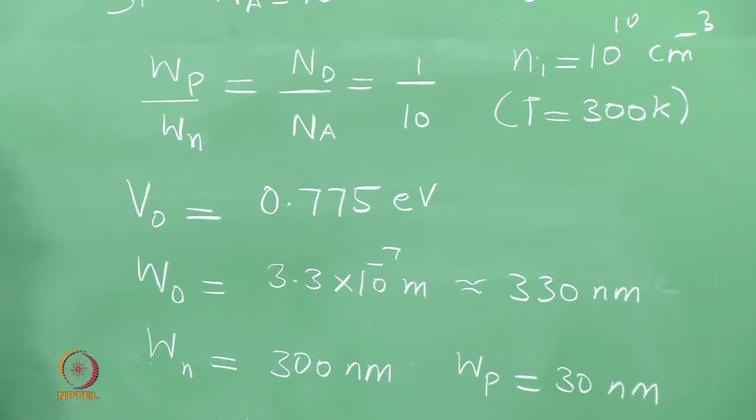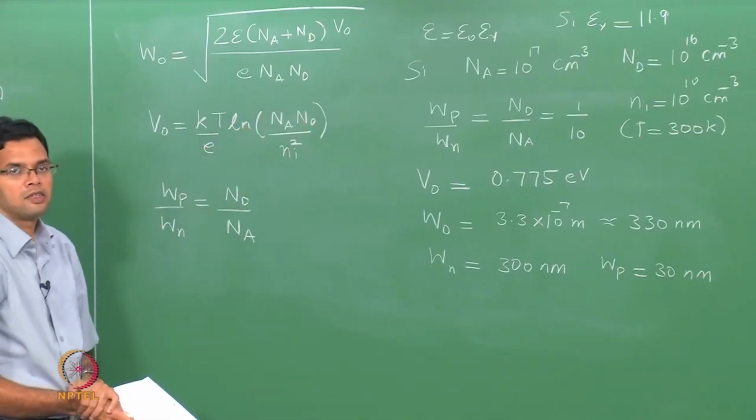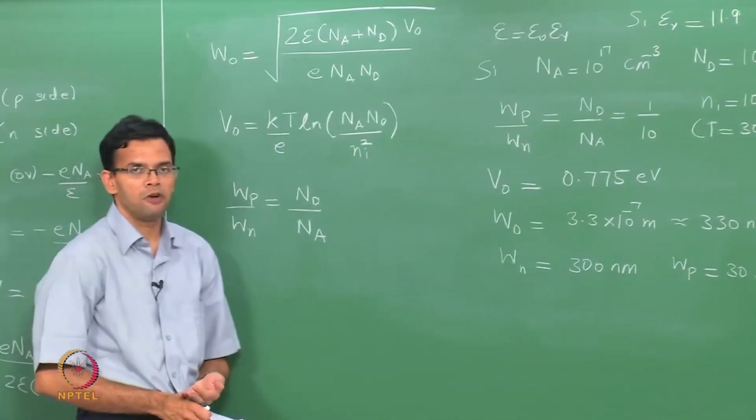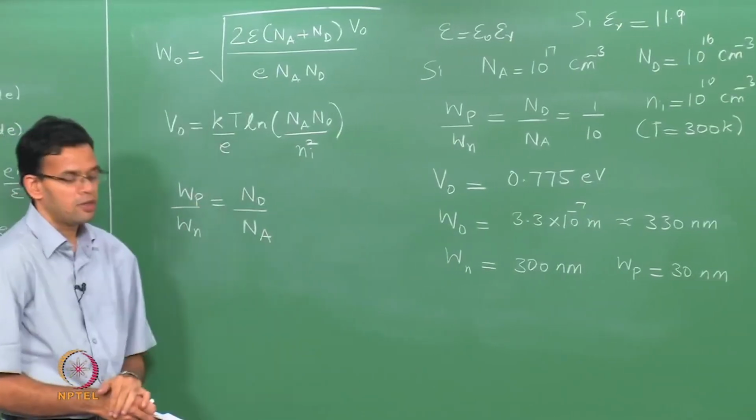The width of the depletion region is inversely proportional to the concentration of the carriers. So, if you have a higher value of Na or Nd, then the total width will be lower.